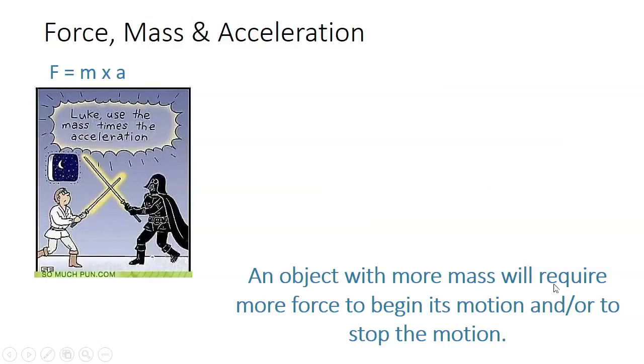Now we have this force, mass, and acceleration. An object with more mass will require more force to begin its motion and or to stop the motion. This is straightforward. When you are moving something that is very heavy, it's difficult to move because it requires more force. When you are moving something that is very light, it can move very fast.